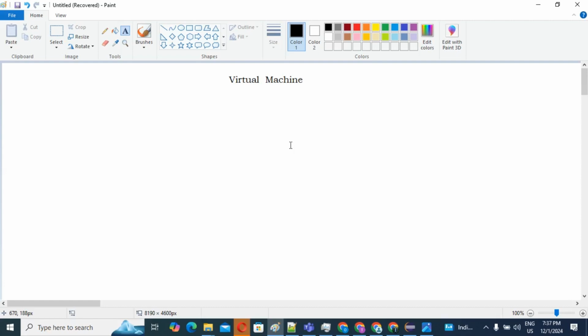Virtual space is not a physical space. So mainly, that which does not physically exist in our real world is called virtual.